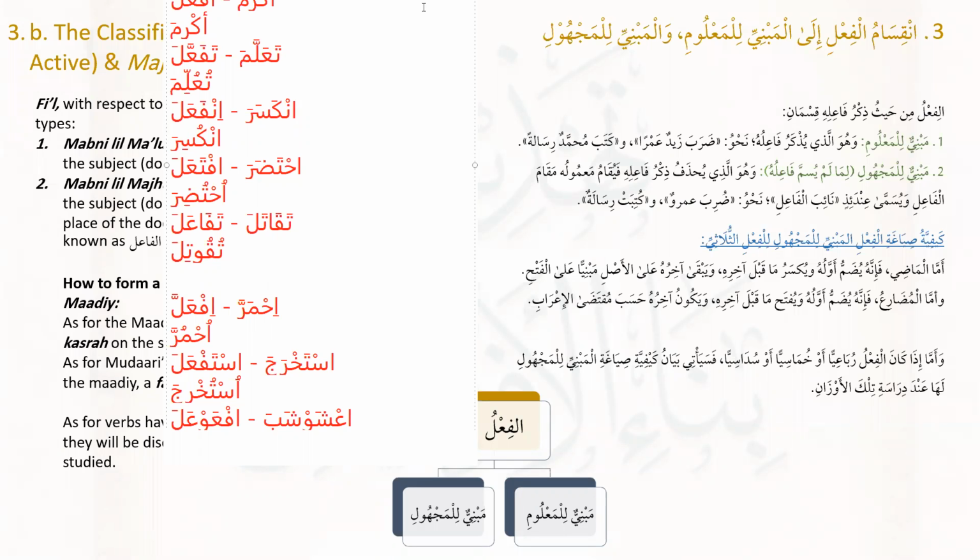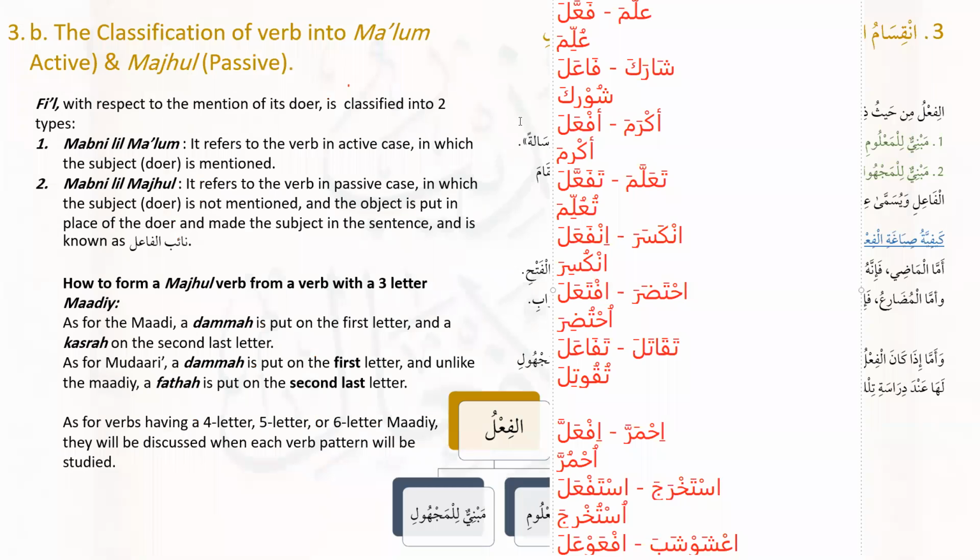طيب يا إخوان, now we have a set of أفعال here: علم، علم. For each of these أفعال we have a مضارع as well, and we could apply the principle on its مضارع.